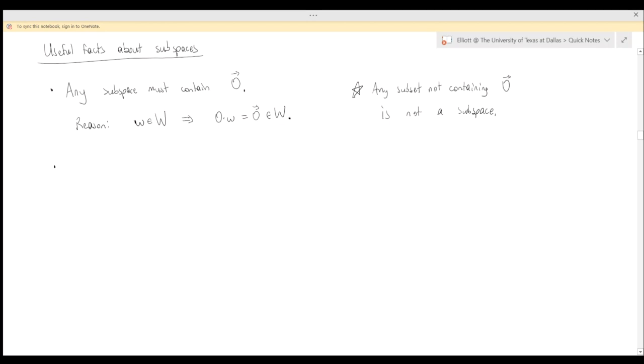Now, the other fact I want to point out is that another way that you can check whether you have a subspace or not is that a subset is a subspace if and only if it is closed under linear combinations.